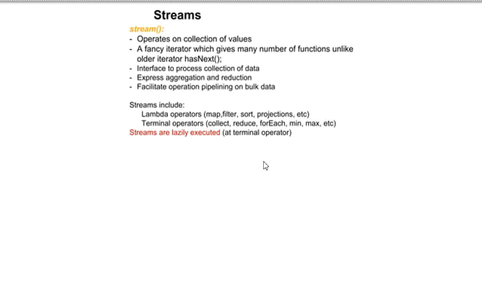Streams are lazily executed. That means some methods, like map and filter, do not do much work until the execution reaches terminal operators like collect or reduce. That is why it is called lazily executed at a terminal operator.